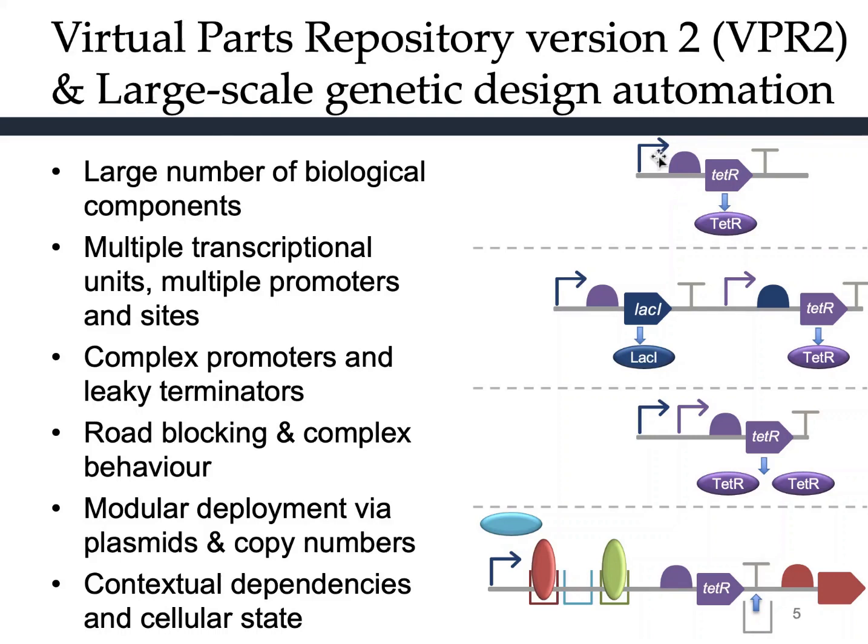Sometimes circuits will include several other components for multiple production units. And sometimes these production units may be a bit more complex, such as having multiple promoters. The production rate in these cases may be different based on the availability of these promoter components.